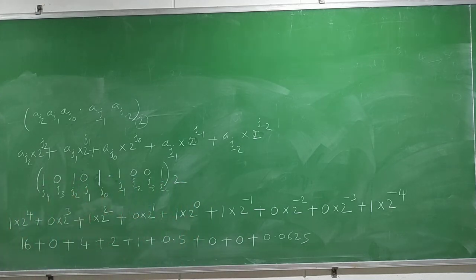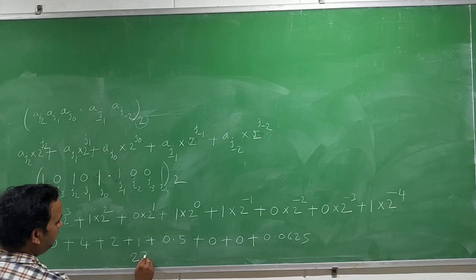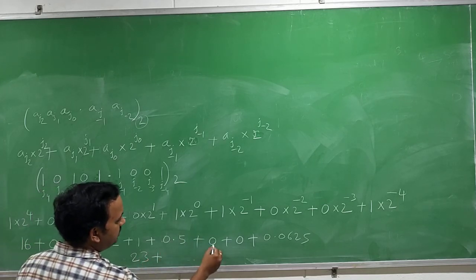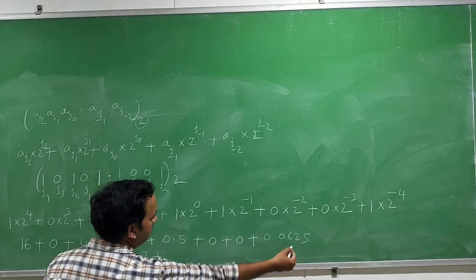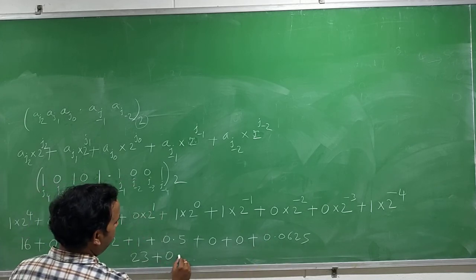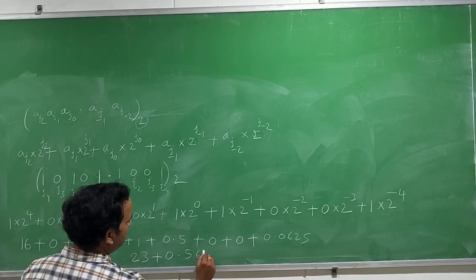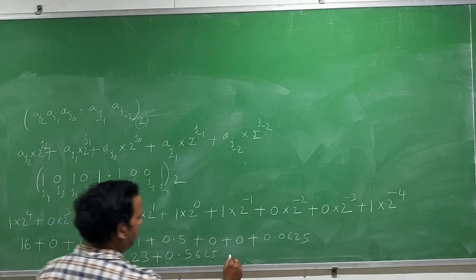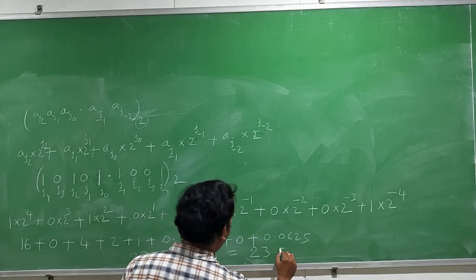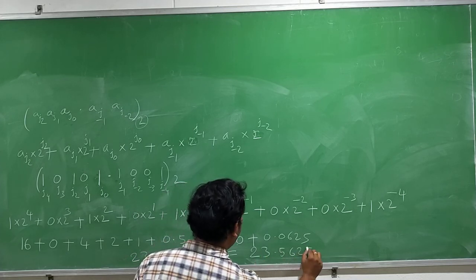Now if you add all together, 16 plus 4 plus 2 plus 1 is 23, plus 0.5, plus 0.0625, you get 0.5625. Altogether, you will get 23.5625.